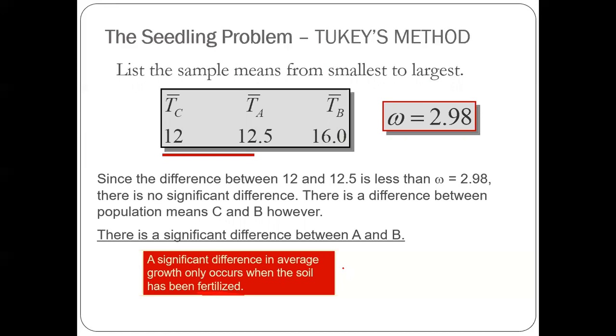So we can conclude that a significant difference in average growth only occurs when the soil has been fertilized. So this is also another way we can make a comparison, by listing the sample means from smallest to largest and comparing with the value of omega.